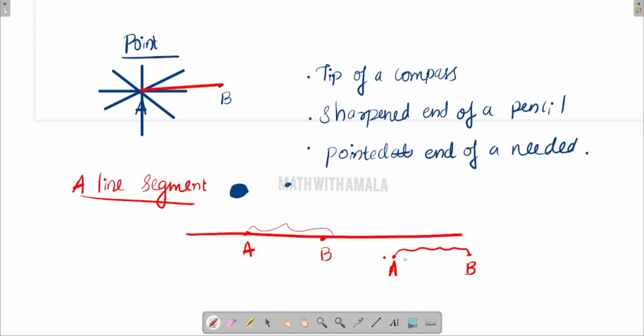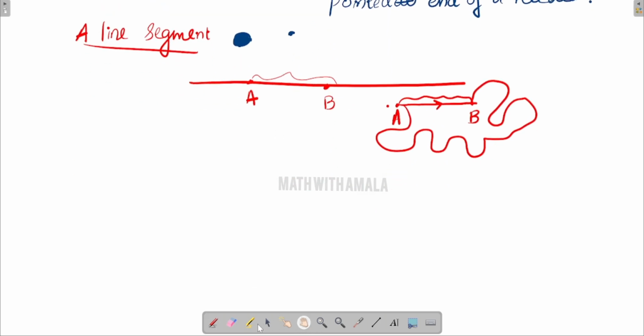We can go somewhere else and reach B, or we can go straight. So which is the line here? Of course, it is the straight line. Hence, we can say that if we have a straight line, then that is called the line segment, and it has a direction also.